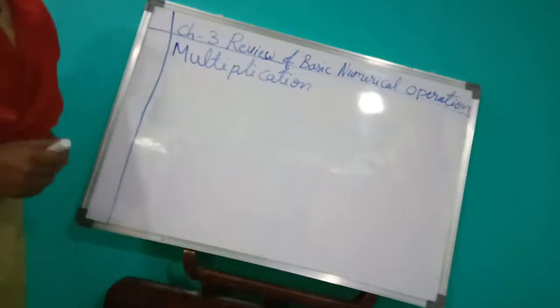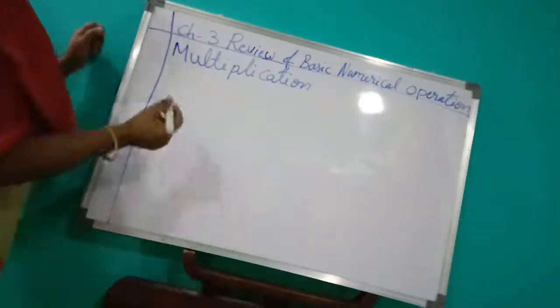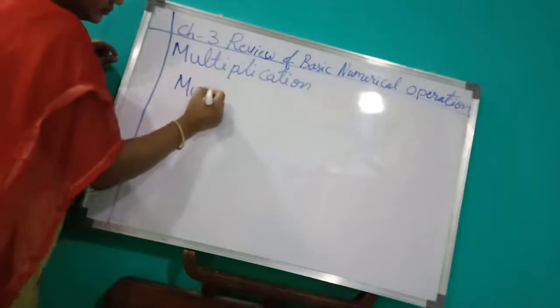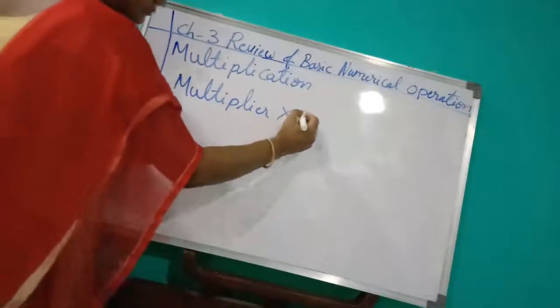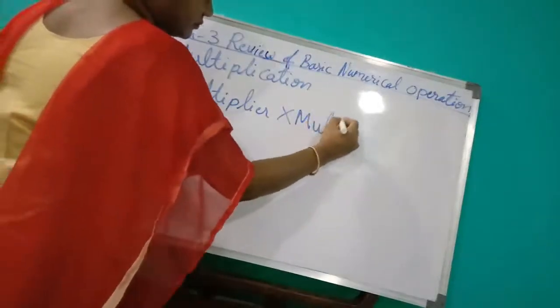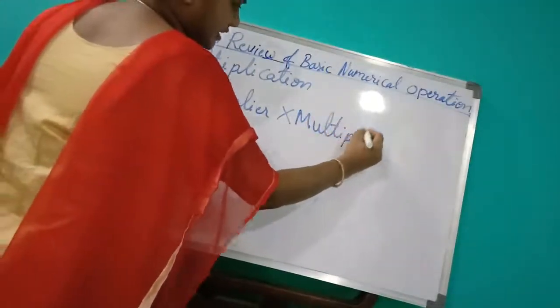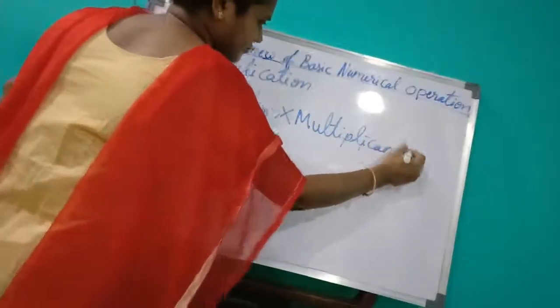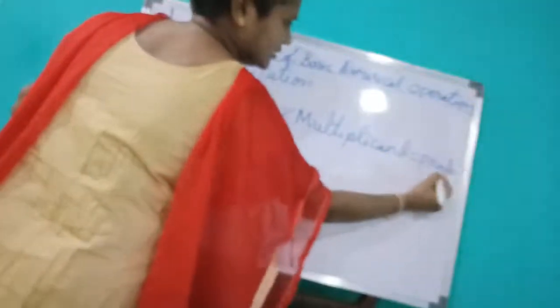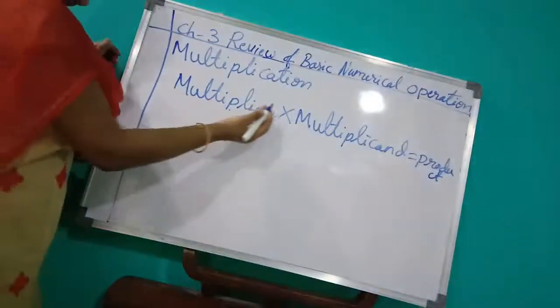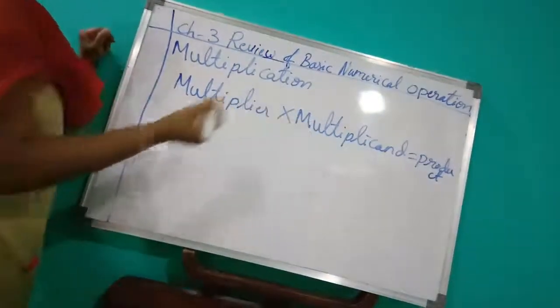You know this, yes or no children? See, multiplier into multiplicand equals product.